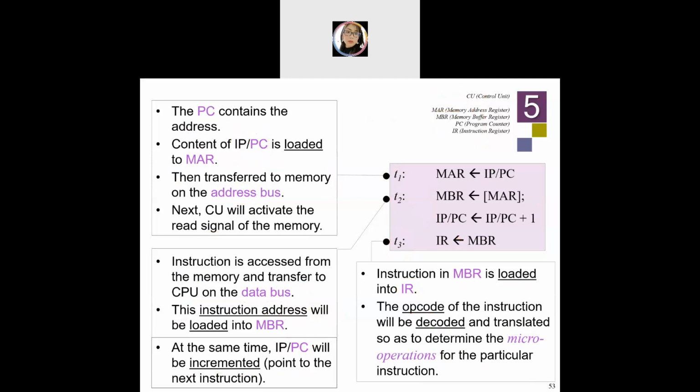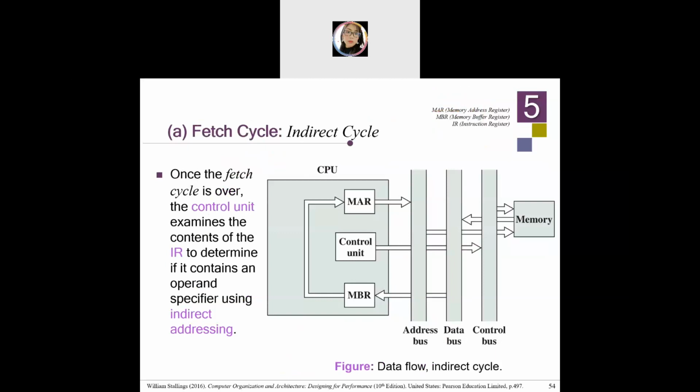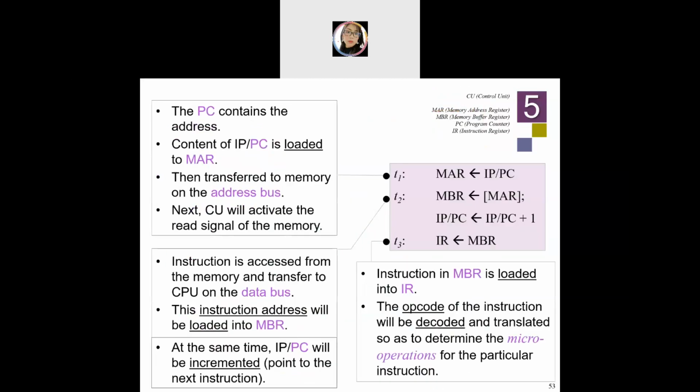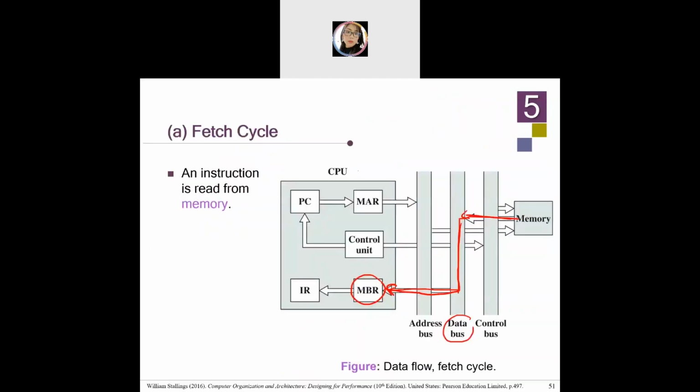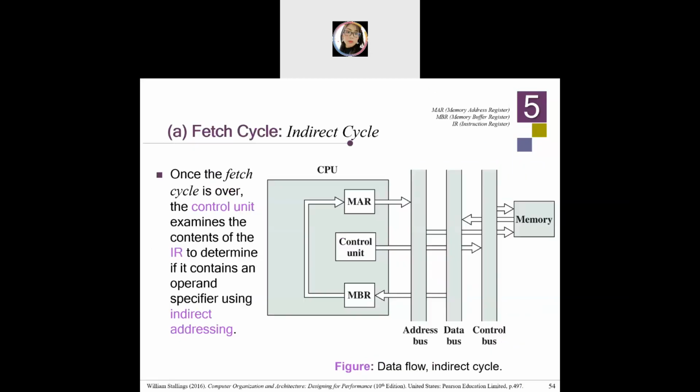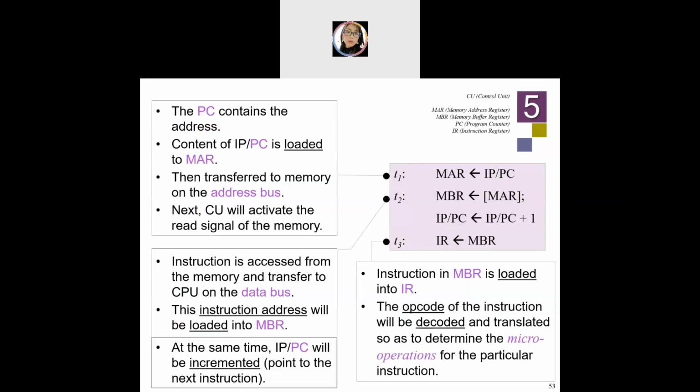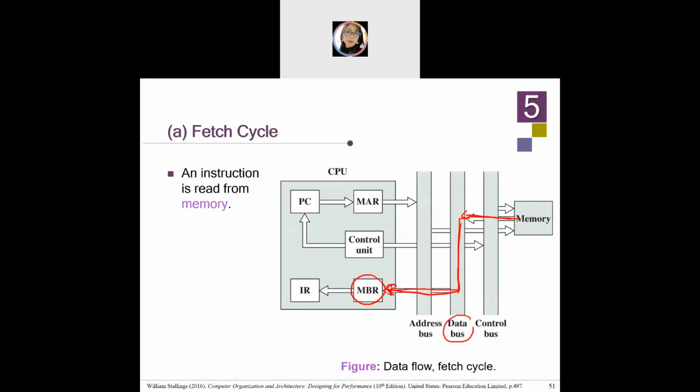So that will be the flow for the fetch cycle, the normal fetch cycle without the indirect cycle. So this is the normal flow that you need to remember.